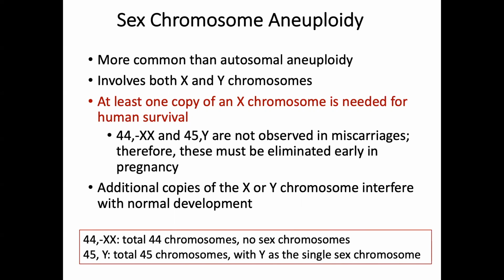And 45 Y means a total of 45 chromosomes with Y as the single sex chromosome. Also, additional copies of the X or Y chromosome interfere with normal development. This is not the more the better. So we'll see some examples.